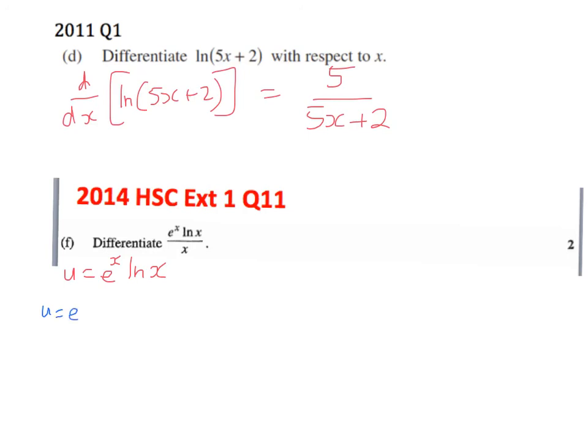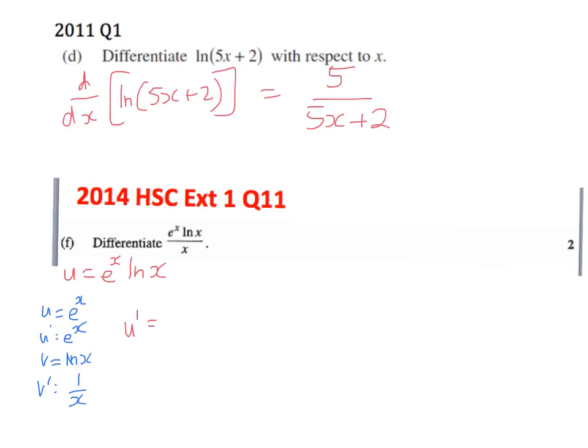So u now is e to the x, u dash is also e to the x, v is log x, and v dash is 1 on x. So we have to use the product rule.